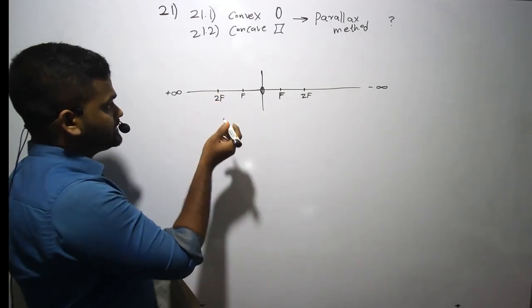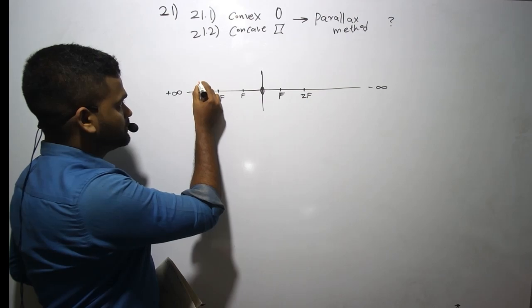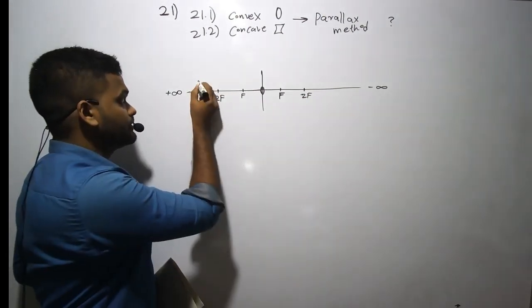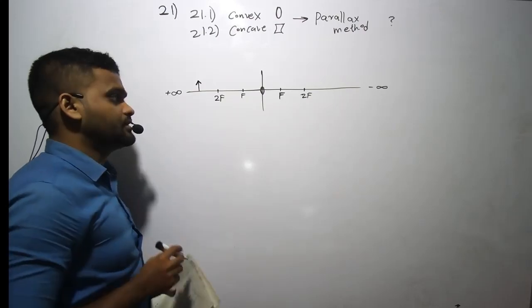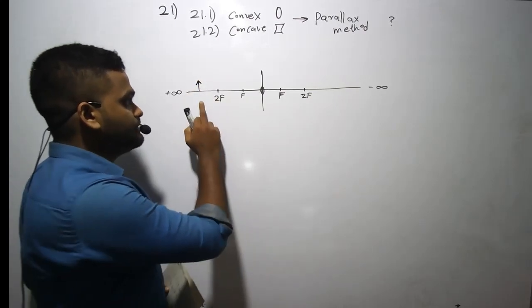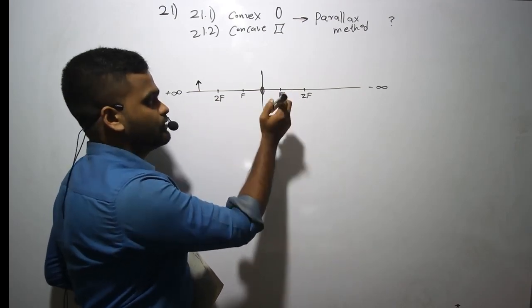So let's say you place an object beyond 2F. What's the location of the image? The image should be formed between F and 2F.